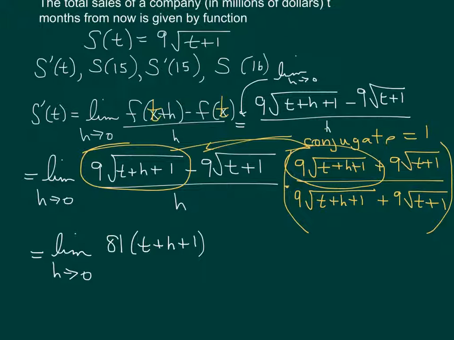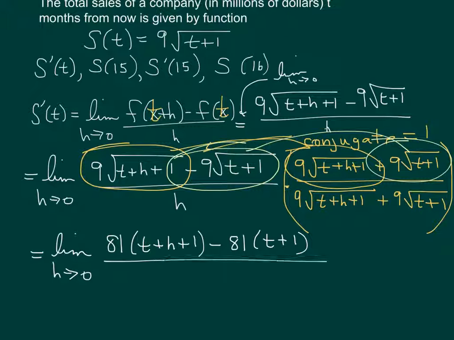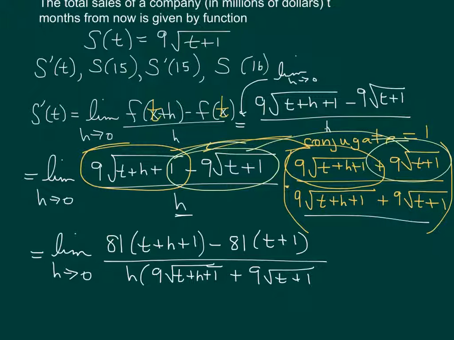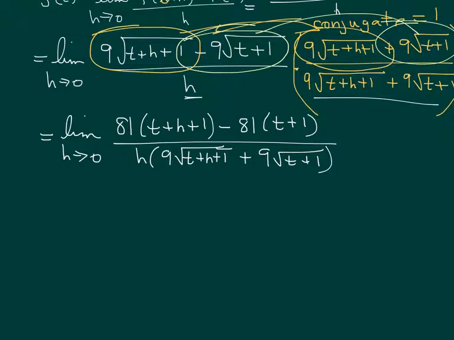And then last, I multiply this negative 9 square roots of t plus 1 times positive, so that's going to be a minus 9 times 9, which is 81. And again, the square root ends up canceling. The bottom, I have h, and I still have all of this business here: 9 square roots of t plus h plus 1 plus 9 square roots of t plus 1. I haven't done anything with the bottom.